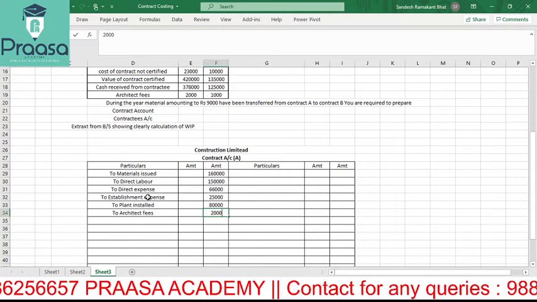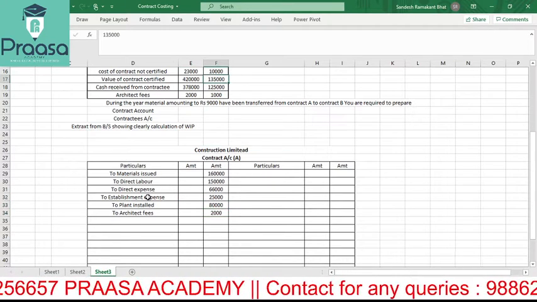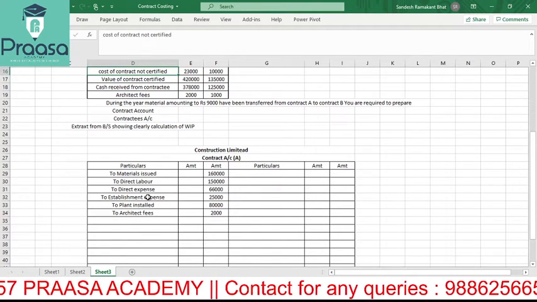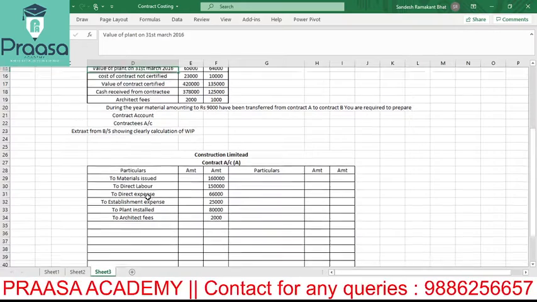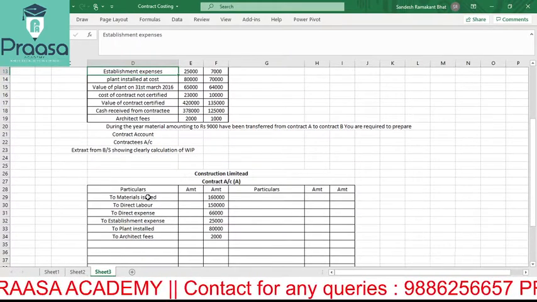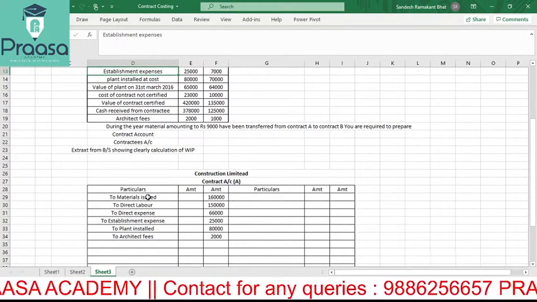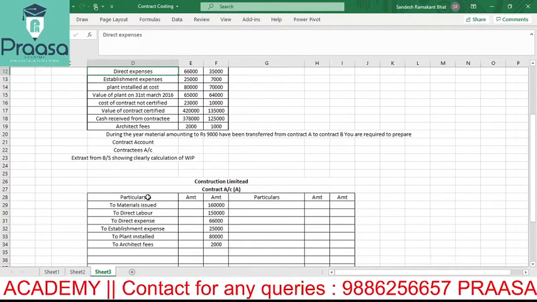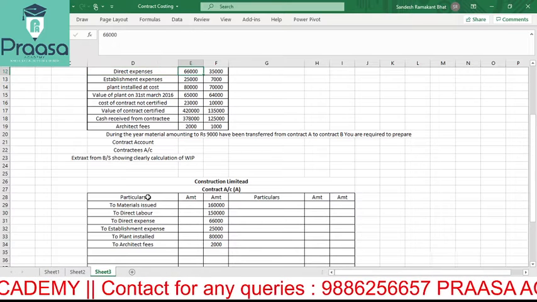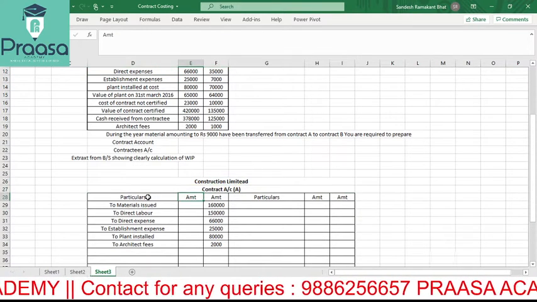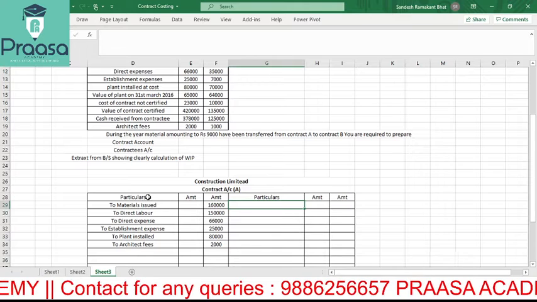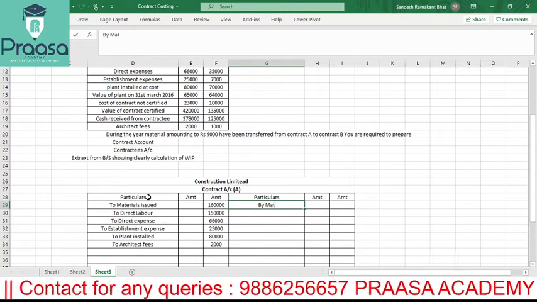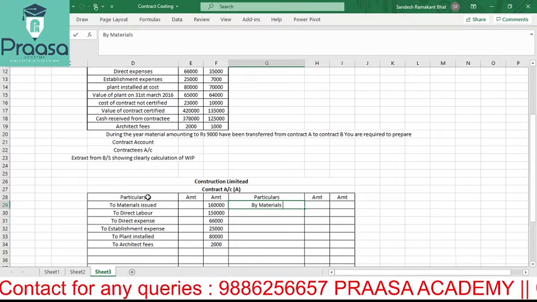Any other expenses do we have? Is cash received from contractee an expense? No. Value of contract certified? No. All those things will come on the credit side. Value of plant, all these things are not considered here. We will consider them on the credit side. So what I need to type here: by materials returned.